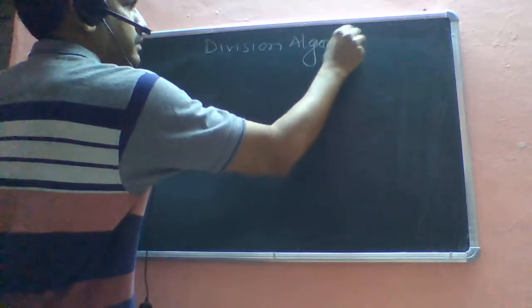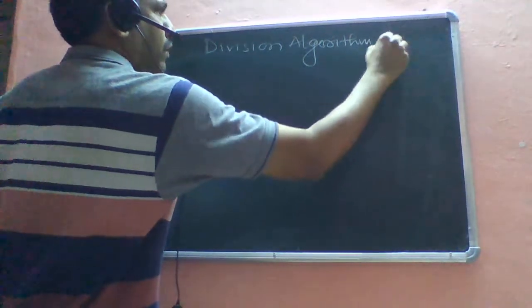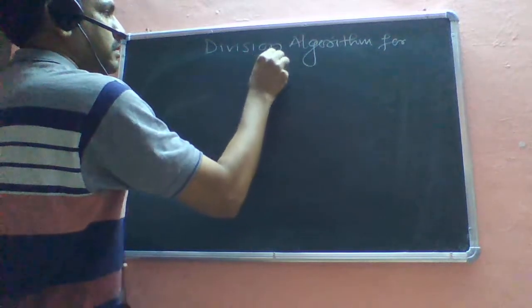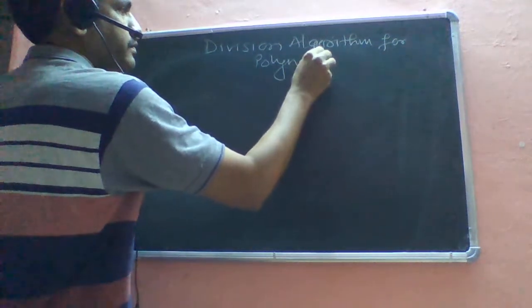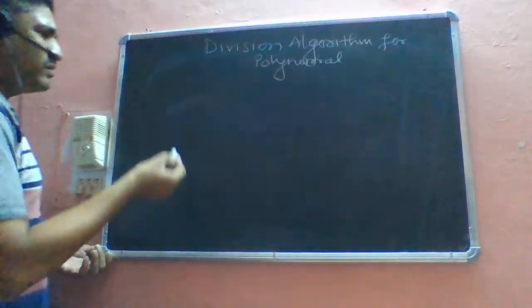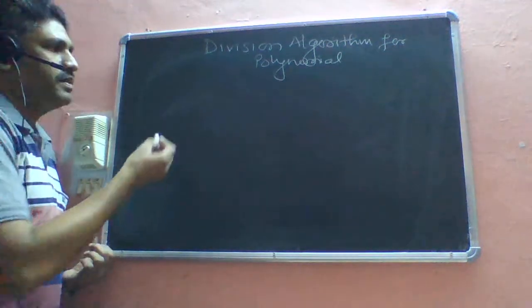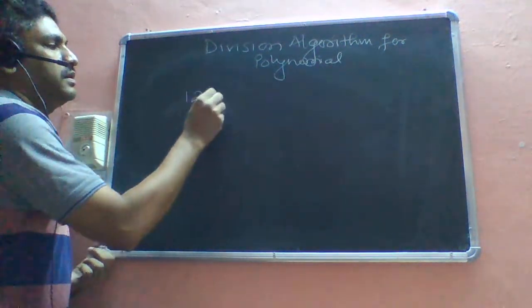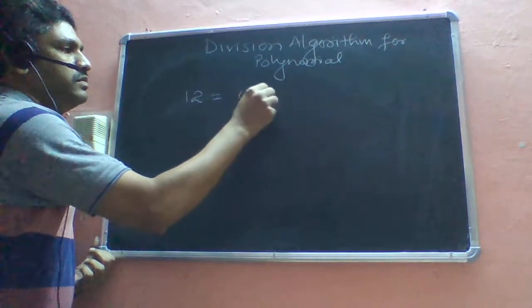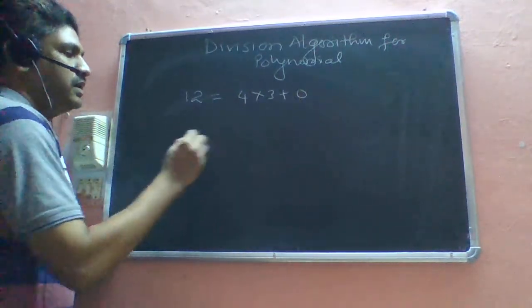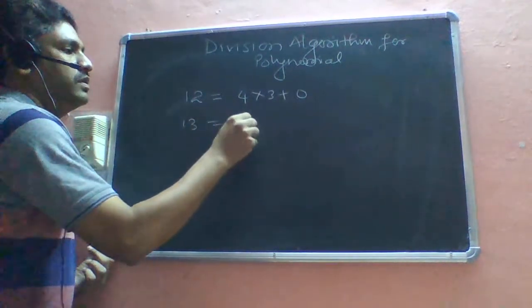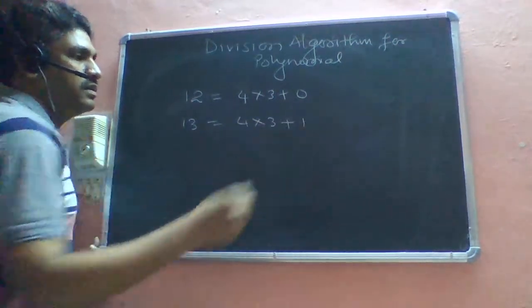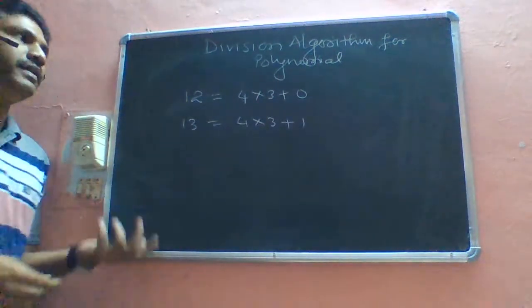Now, starting with the simple example, 12 can be written as 4 into 3 plus 0. If I write 13, then again 4 into 3 plus 1. So this is the division algorithm in fact.